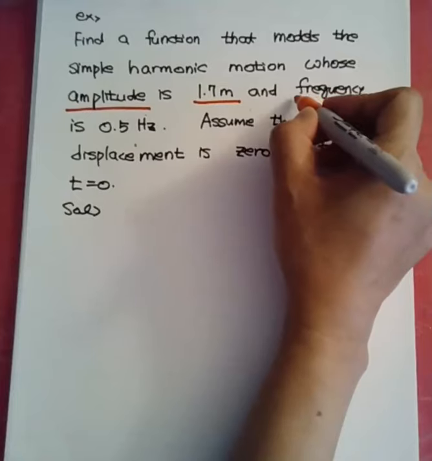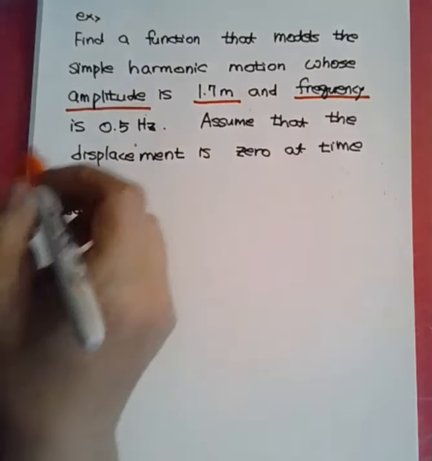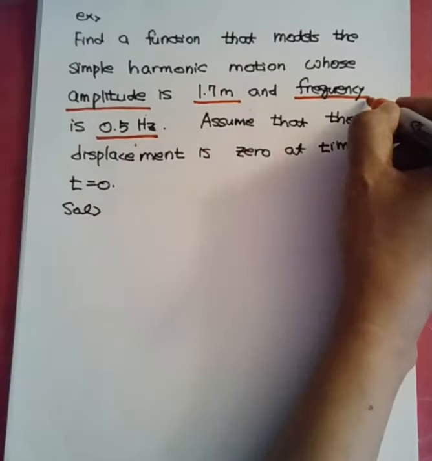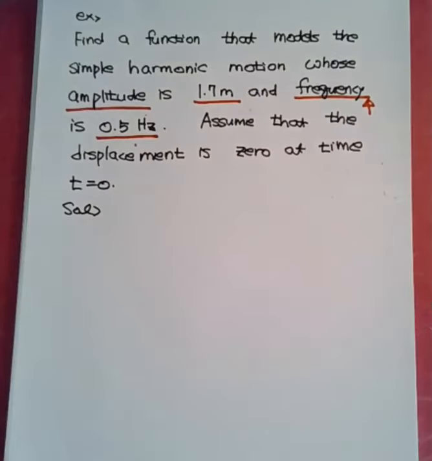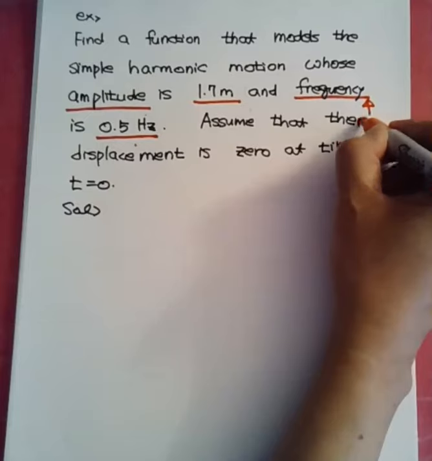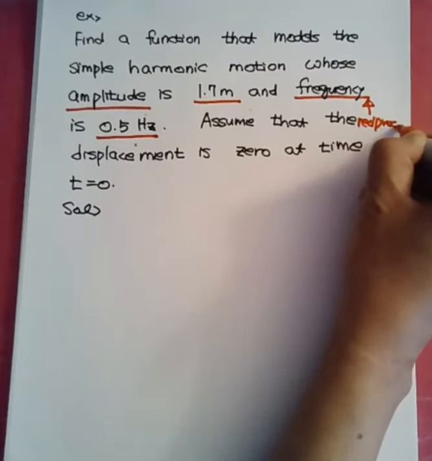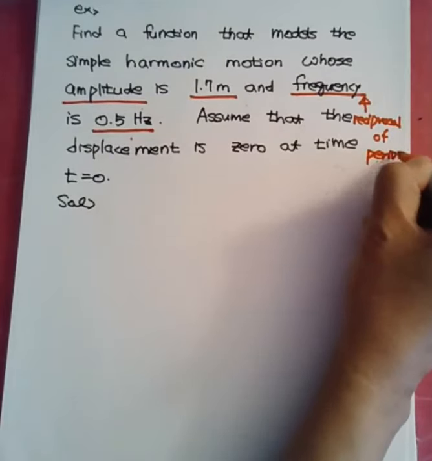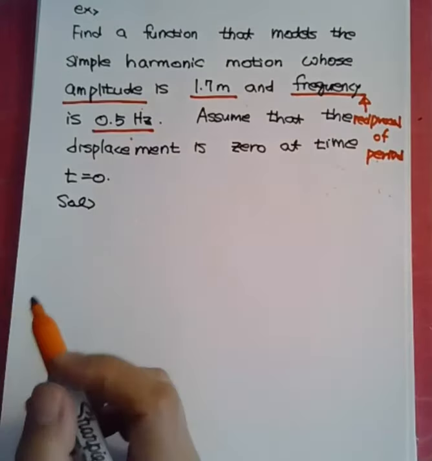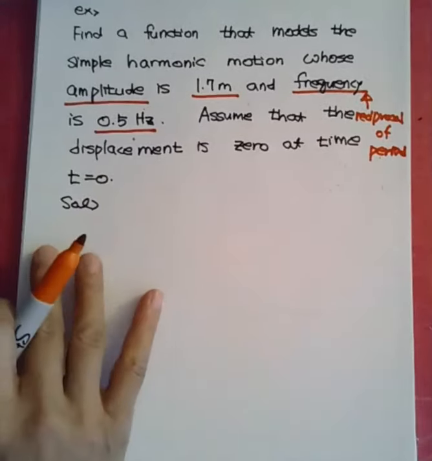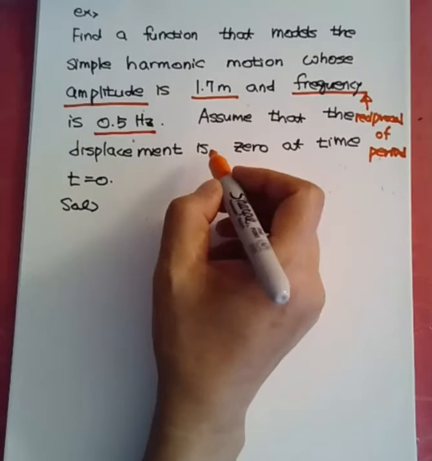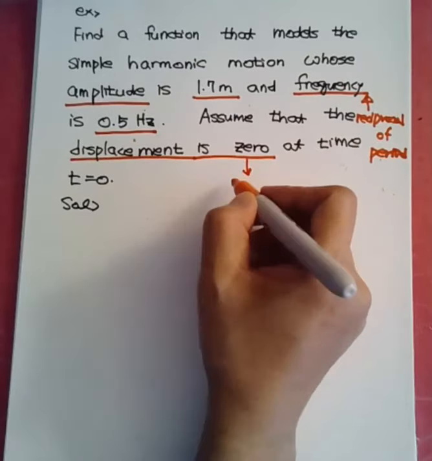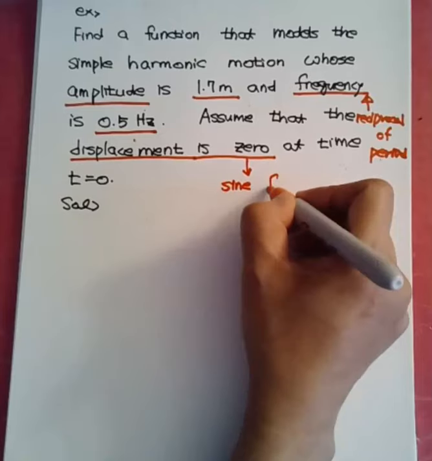This time, instead of giving us period, they are giving us frequency. What we have to keep in mind is frequency is the reciprocal of period. And the other important clue is at the time 0, the displacement is 0. So that implies that is related to the sine function.